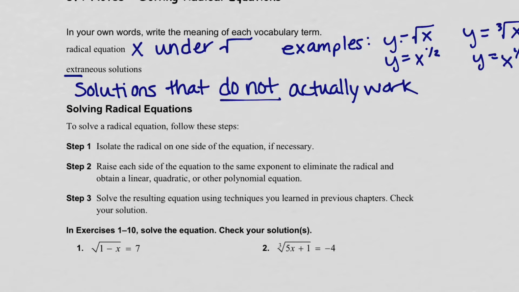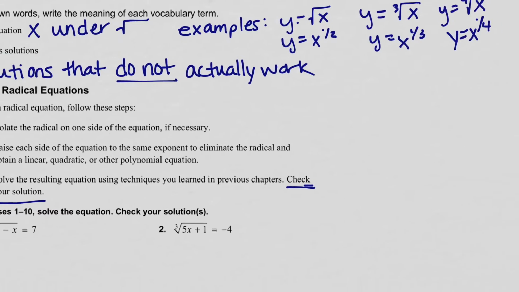After that, you solve using the techniques we've learned before: moving numbers to both sides, adding or subtracting on both sides, all of those algebraic steps. And then you have to check your solution. You have learned different techniques for checking your solution.